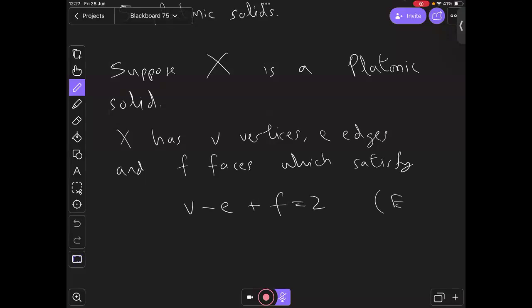So we're assuming this has to be true. We haven't proved Euler's theorem, but it's true, and I'll give you a proof of it next time. Is that fair? Yeah, that's fair. Great.